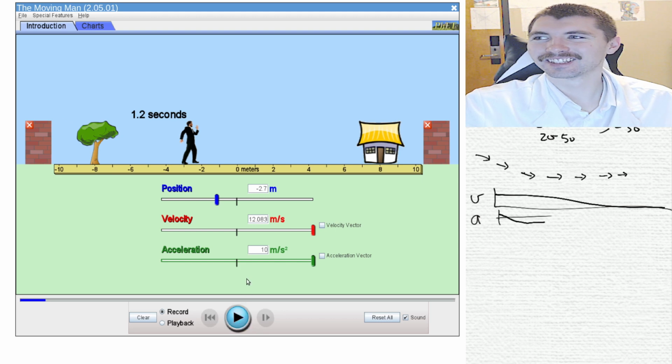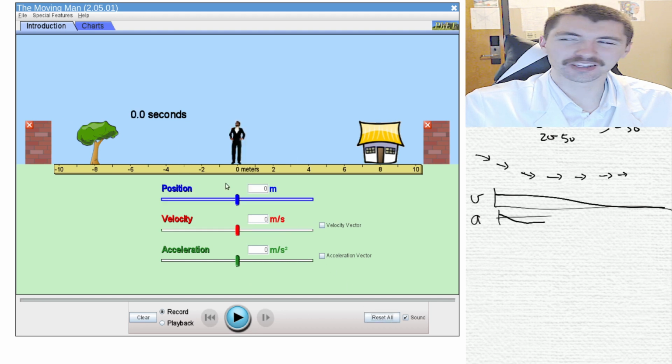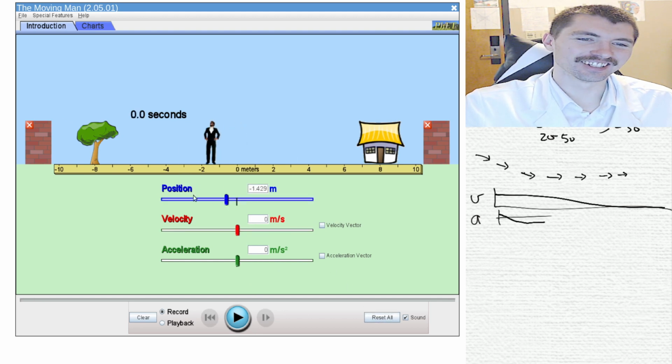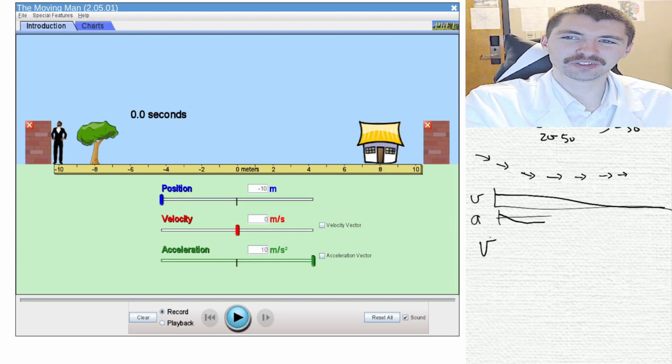So I don't know if this is even right. I think I broke it. If A is 0, V is also 0.